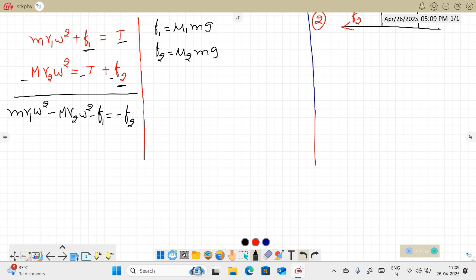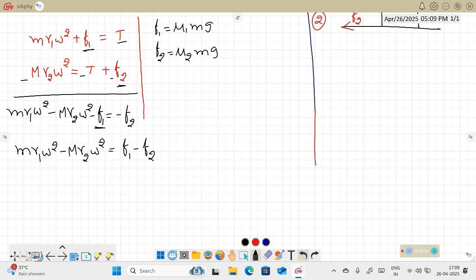So I can write here m r1 omega square minus m r2 omega square is equal to minus f1; making that side positive, that means f1 minus f2 becomes f1 minus f2.